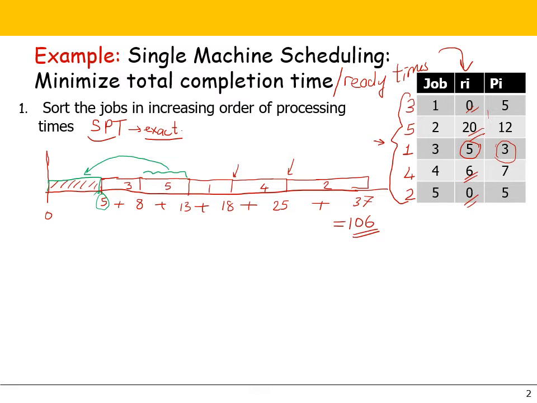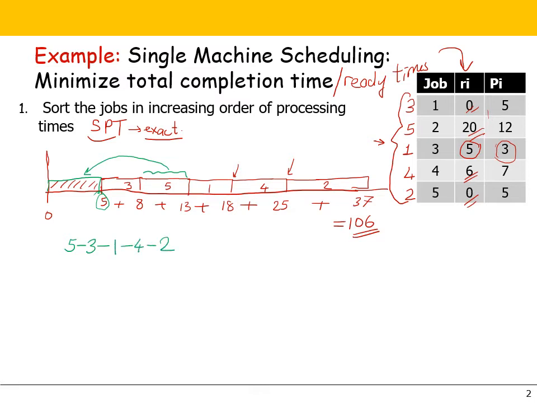Okay, so now let's consider this schedule instead of the previous SPT rule. Now let's consider the order: first 5, then 3, then 1, then 4, and then 2.